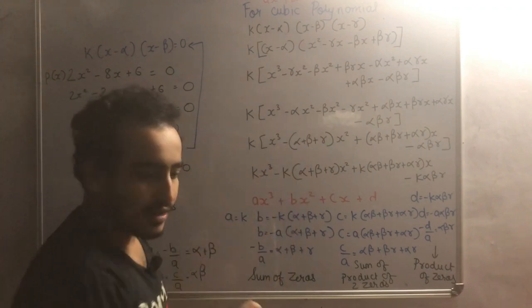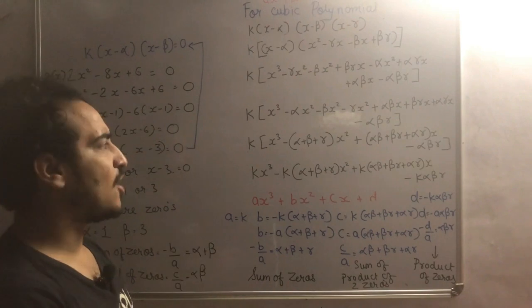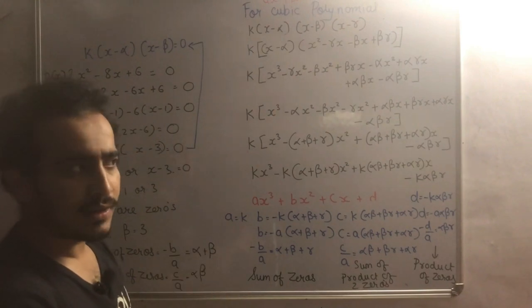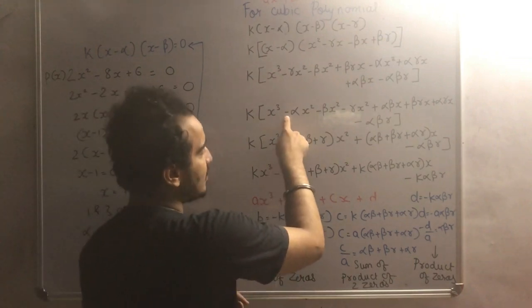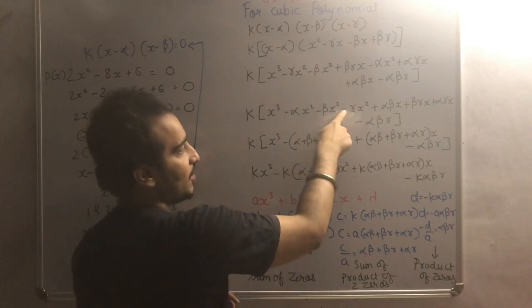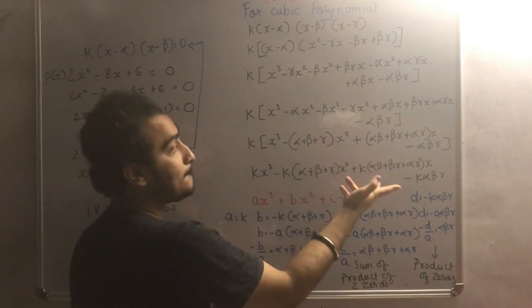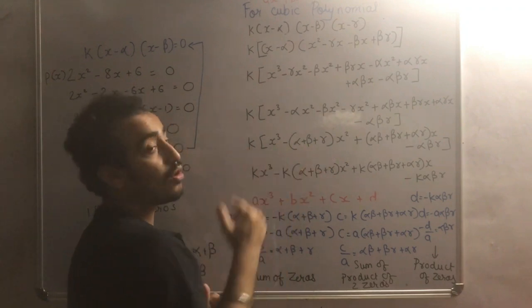If the minus sign is common, then the sign will change of each and every number or alphabet which is in the bracket. So if here it is minus sign, it will become plus. If here it is minus sign, it will become plus. If here it is minus sign, it will become plus. So alpha, beta, gamma will have plus sign because minus is common.